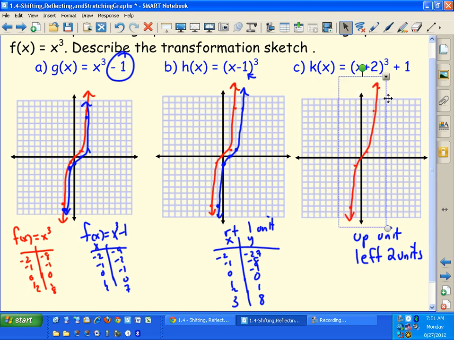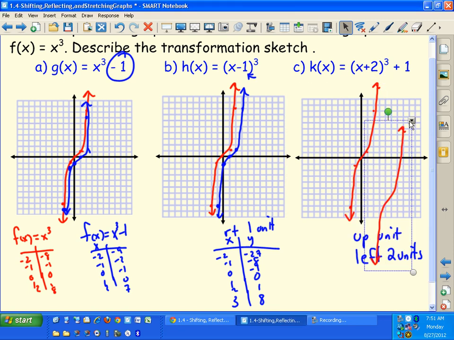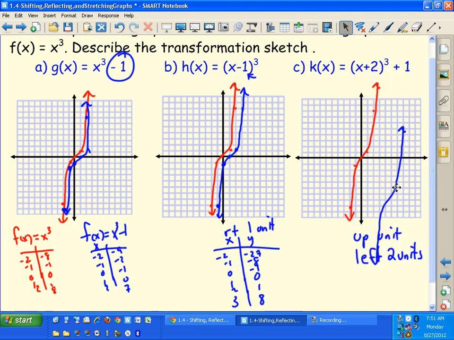I'm going to change its color to blue. Alright, so now I have basically this graph, same graph. I move it up 1 unit because of the plus 1, and I move it to the left 2 units, 1, 2, which basically there it is. And so that's this function here, up 1 unit and to the left 2 units.